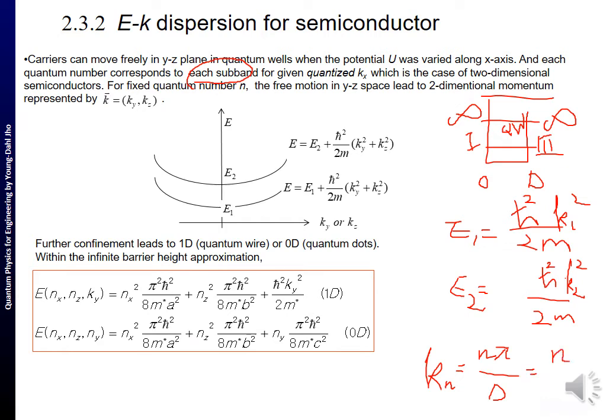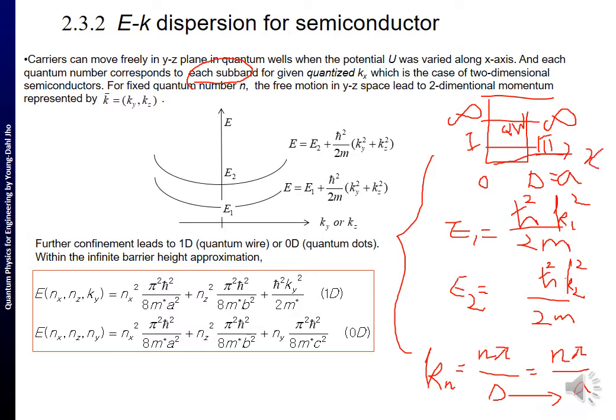Now we will extend this into the three-dimensional case, so let me replace this d with a for now. A is the quantum well width. Okay, so these are energies defined along the x-axis.